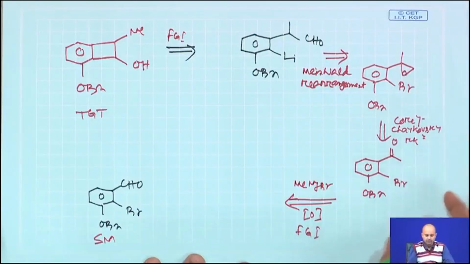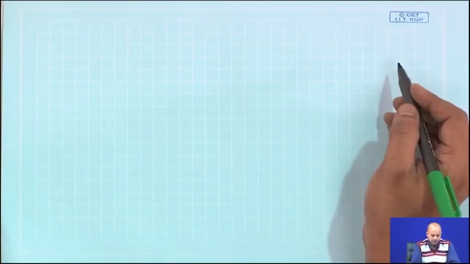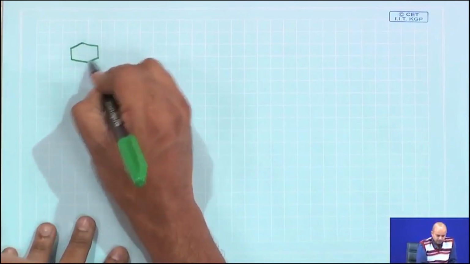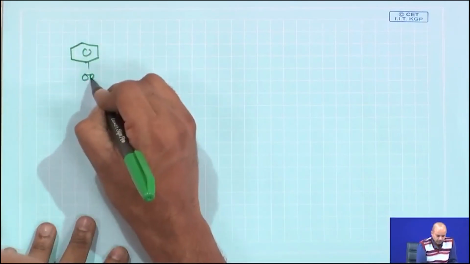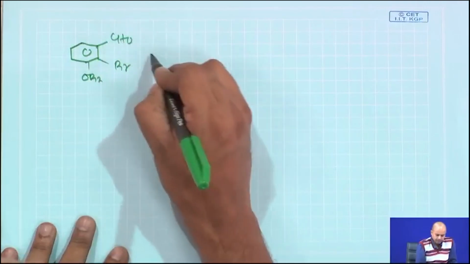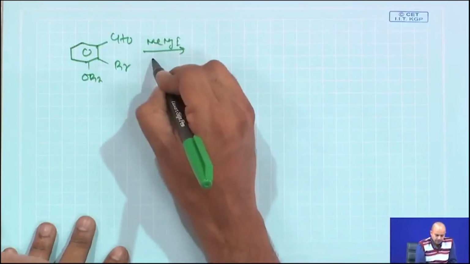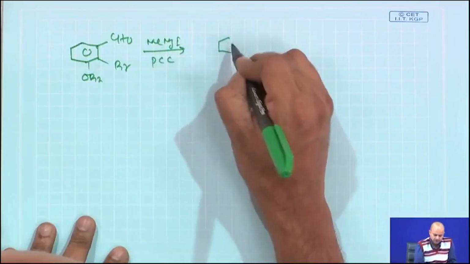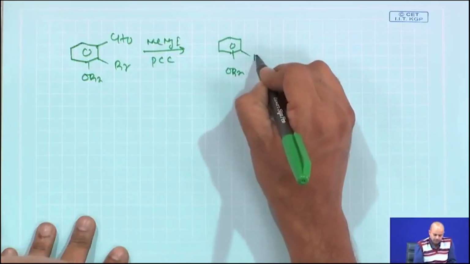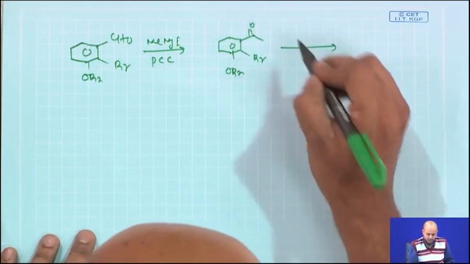So, in the forward pathway, we start from this compound OBn, Br, CHO, methyl magnesium iodide, and PCC oxidation will basically end up with this ketone. Then the Corey-Chaykovsky reaction.